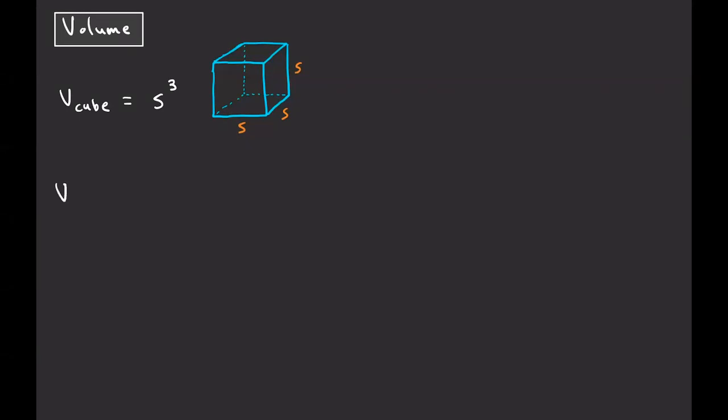We could have a very similar looking shape that's not perfectly a cube. We'll call it a rectangular solid. What I will mention is that a lot of people call this a cube when in reality it is a rectangular solid. Think like a Rubik's Cube. That's actually a perfect cube because the side lengths are all the same. But what I'll draw here, what you'll see, is that this is an example of where these side lengths don't have to be the same.